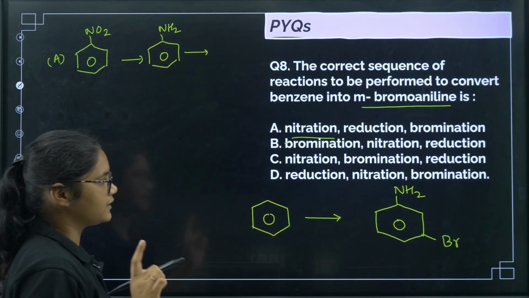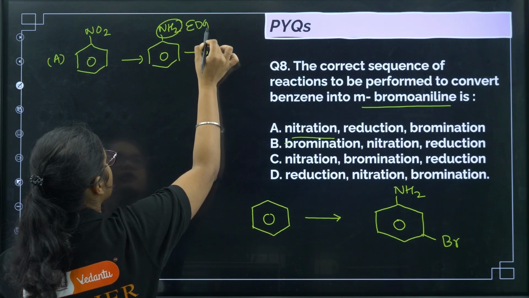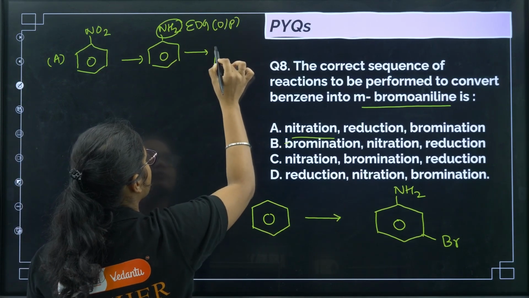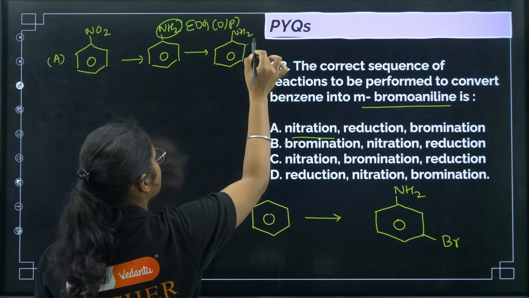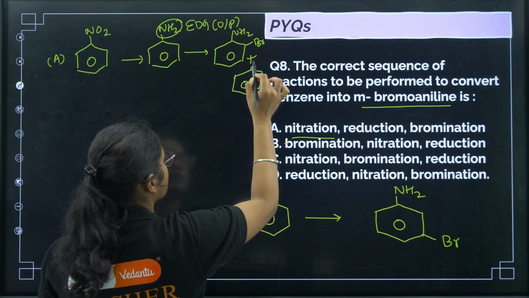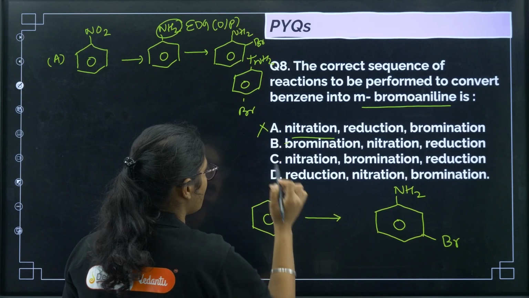Here what you should remember is that NH2 is an electron donating group. That means it is ortho para directing. So if I do bromination now, I will not get the meta position. You will get either the ortho or the para product, NH2 Br, right? So that means this cannot be the answer.